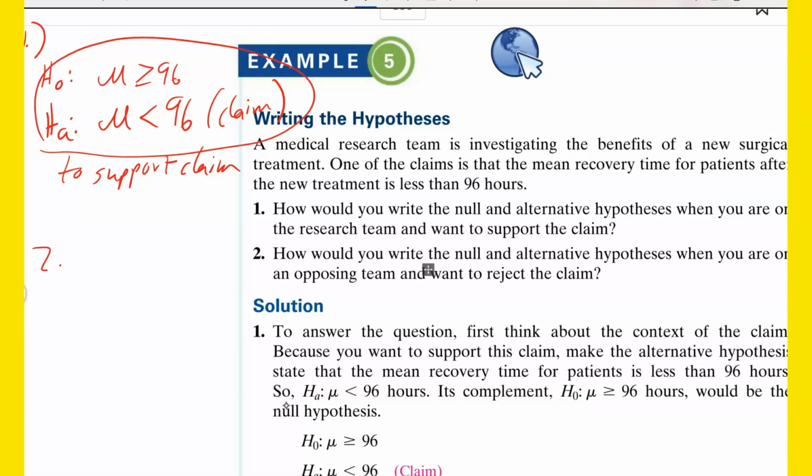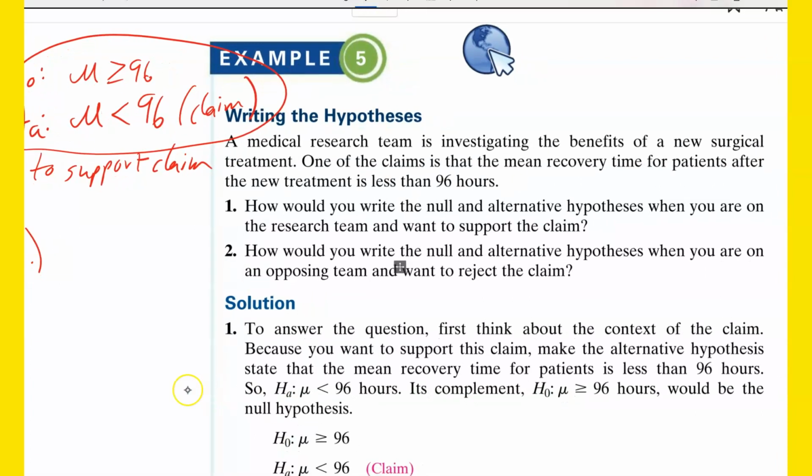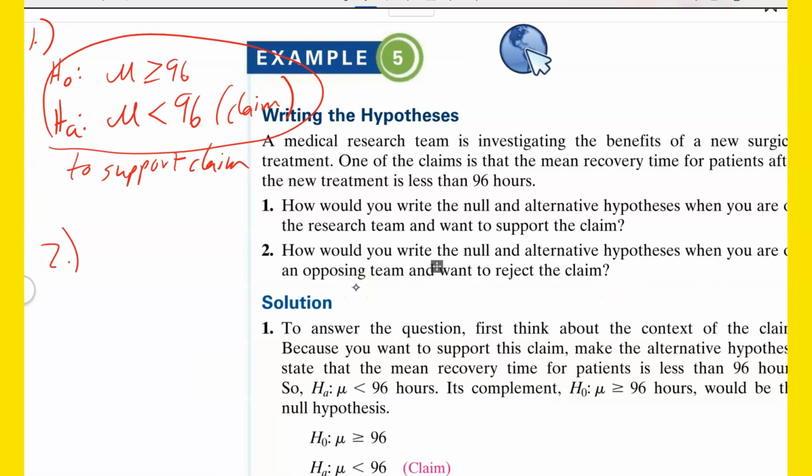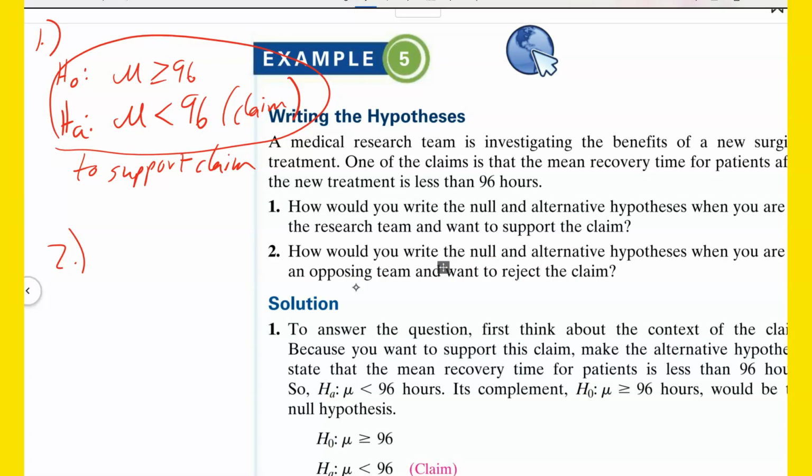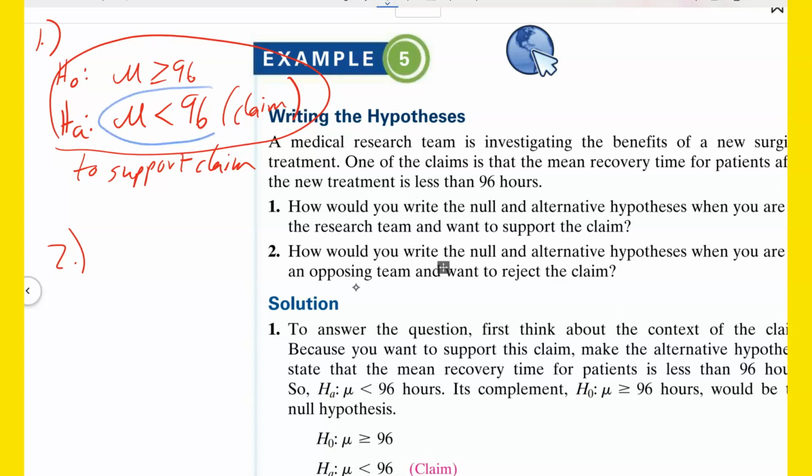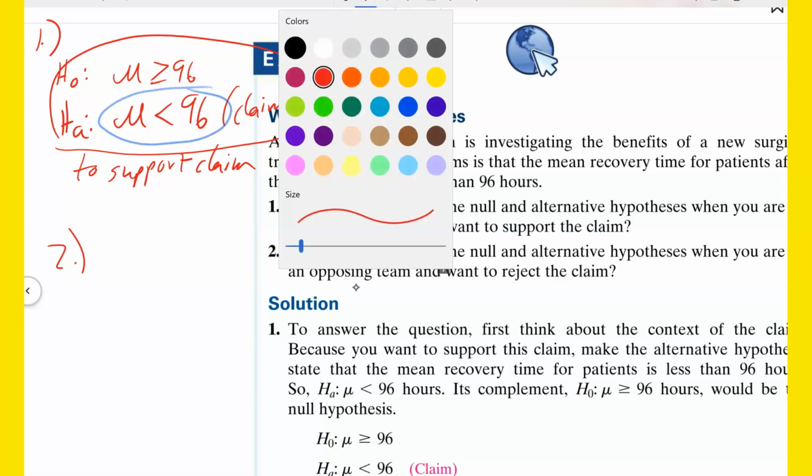However, how would you write the null and alternative hypotheses when you're on an opposing team and want to reject the claim? So if you have doubts about this claim and you want to test it and make sure you get this done right, and you want to give the best shot at rejecting it, then you want the claim to be the null hypothesis. So you need to take this and make it be H naught. How would you make that be H naught?